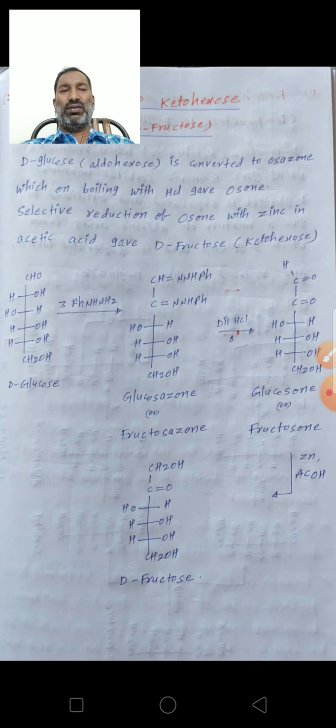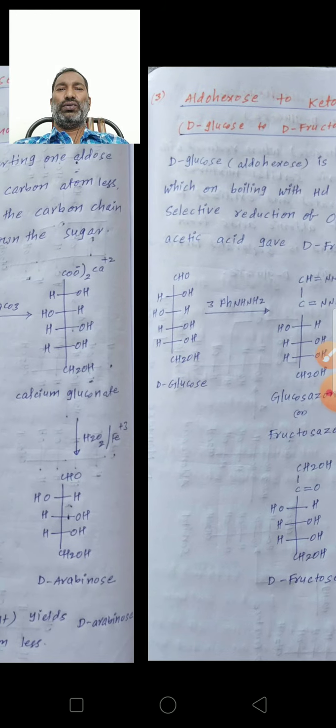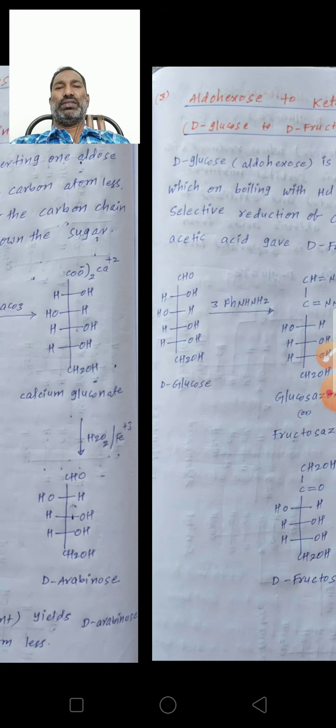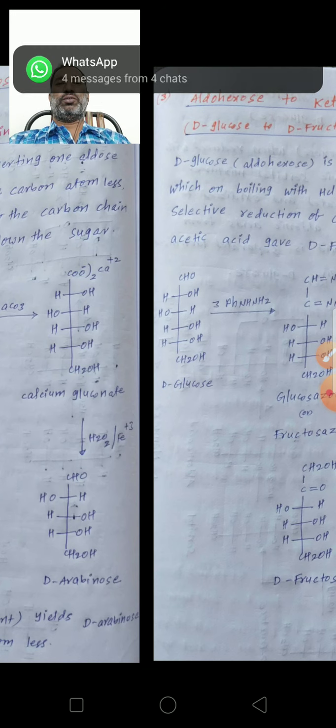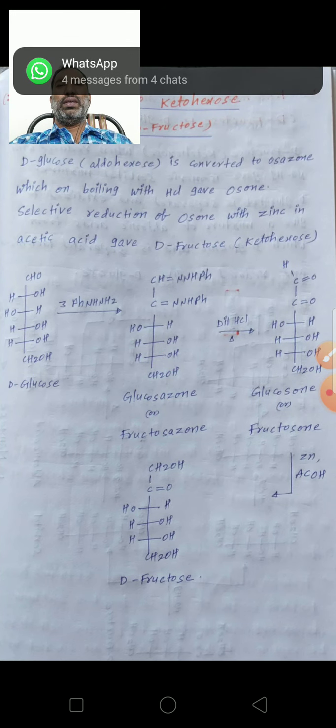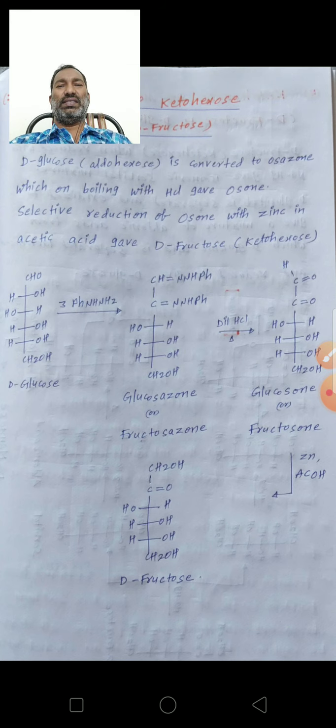See here, third conversion is aldohexose to ketohexose. So here aldohexose means this carbohydrate contains the aldehyde functional group and 6 carbon atoms. Ketohexose means it contains the keto functional group and 6 carbon atoms. Here carbon atoms are same. So hexose means containing 6 carbon atoms, but here aldose, ketose.